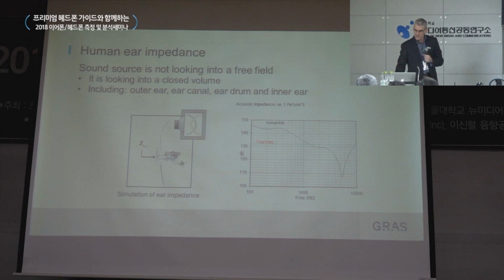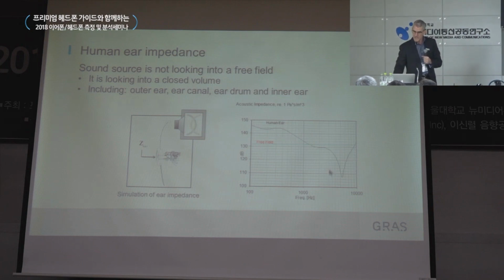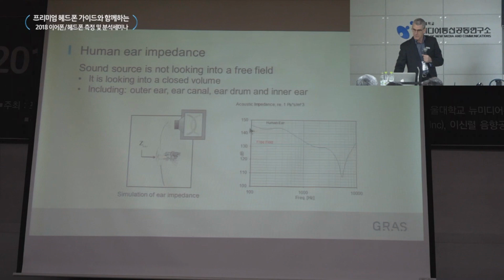And on the schematic on the right over here, we have a free field response being, you could say, like a flat line over frequency. But if we look at the impedance that we look into here at the ear canal, it looks very different from free field. Not nearly anything that looks like a flat response.